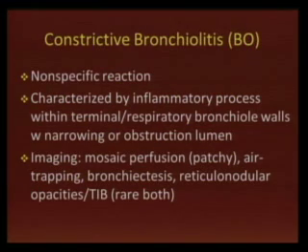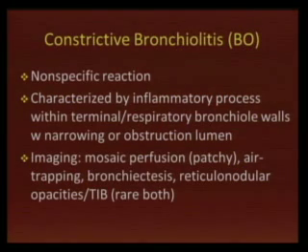Constrictive bronchiolitis, or BO, is a non-specific reaction, and is characterized by an inflammatory process within the terminal and respiratory bronchiole with narrowing of the lumen. So, in these patients, you will see air trapping disease associated with this abnormality, that is the obstruction of the small airway.